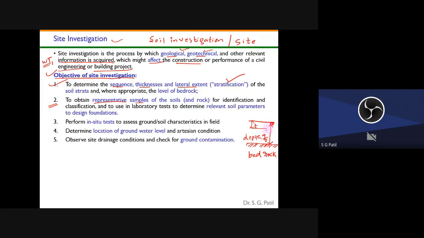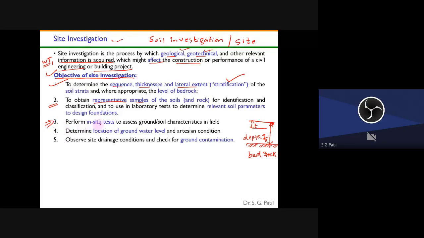Once you collect the soil samples, some tests should be performed in the laboratory, like classification tests, and tests to obtain some engineering parameters like C and phi. So that is also one of the objectives. You collect a representative soil sample and then do some laboratory tests.